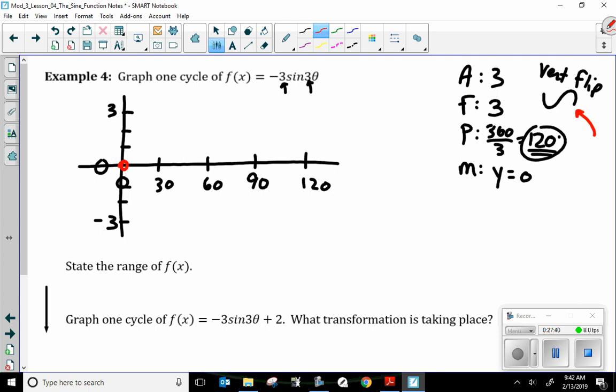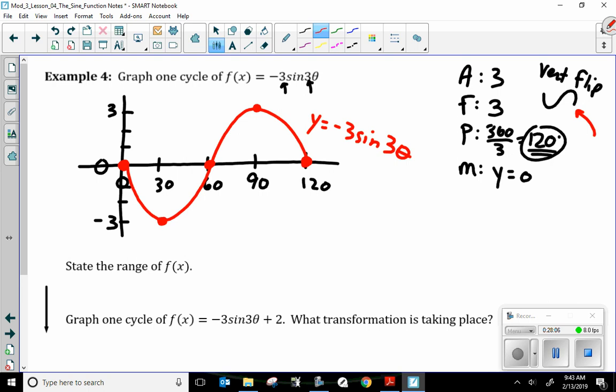So it starts at the midline, it ends at the midline, and in the middle is the midline. Instead of going up first, because I have a negative in front of my amplitude, it should go down first, and then it goes up. So I actually have a graph that looks like that. That's y equals -3 sine of 3 theta.